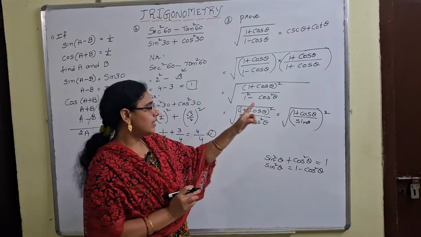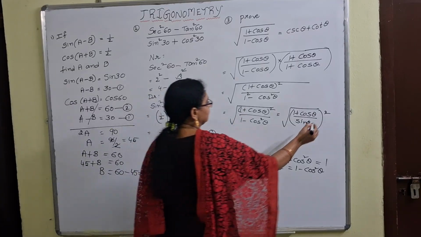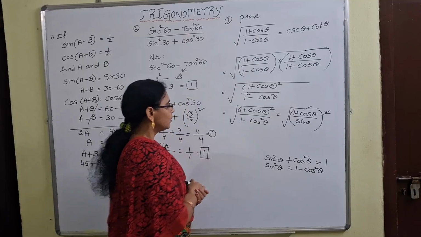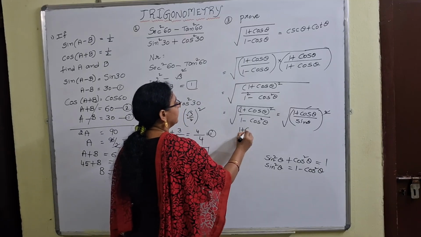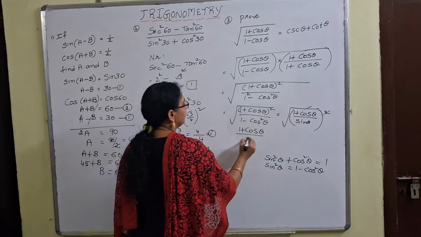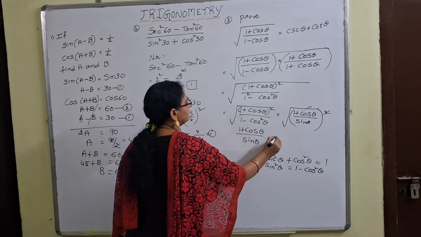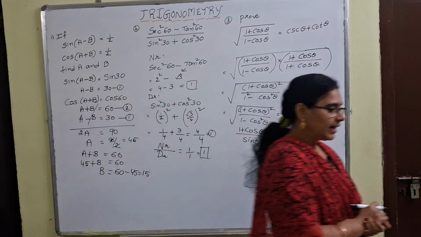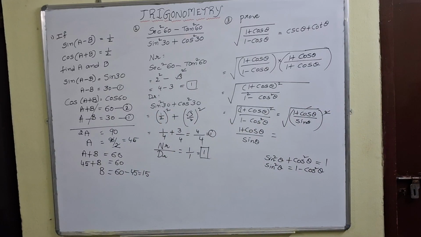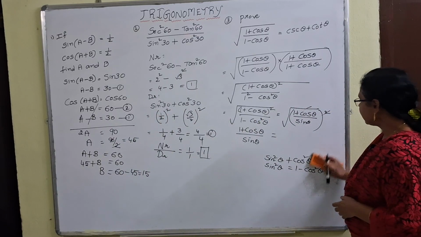Clear? So square and square root are cancelled. What is left? 1 plus cos theta by sin theta. Am I right? Why? Because square and square root are cancelled.